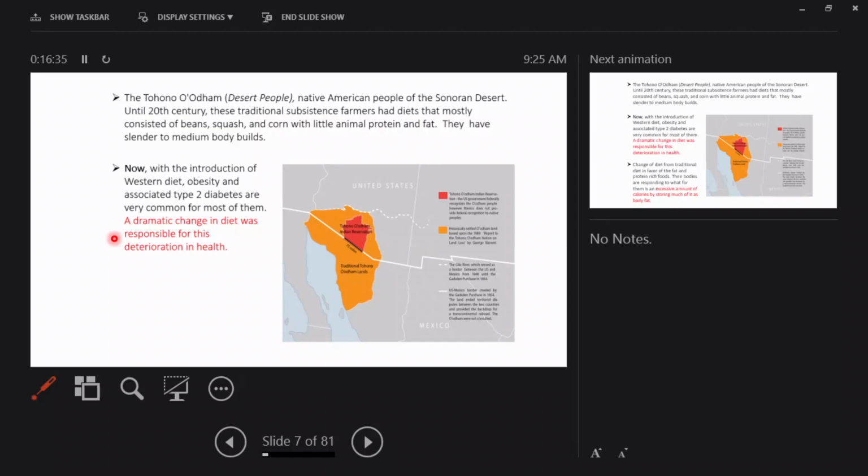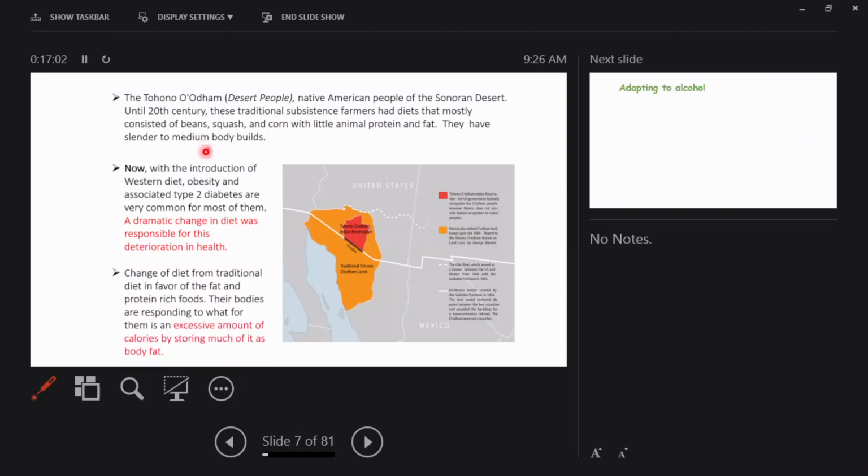Your body is not really used to consuming that type of food, the Western diet, the modernized diet, so it's kind of a shock to the body. It increases the risk of obesity and type 2 diabetes in these people, because they don't used to eat so much meat and fat. With the change from traditional diet to fat- and protein-rich food, their bodies are responding to what is, for them, an excessive amount of calories.